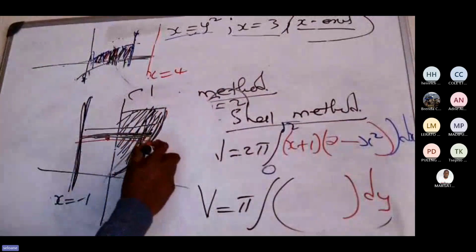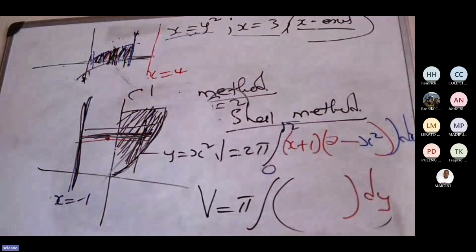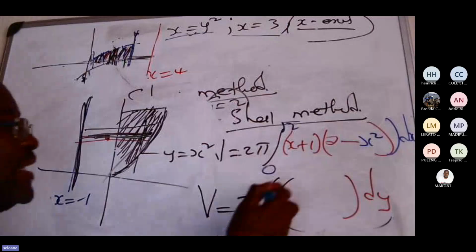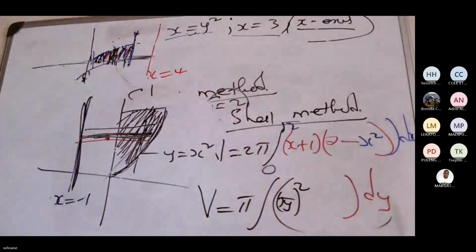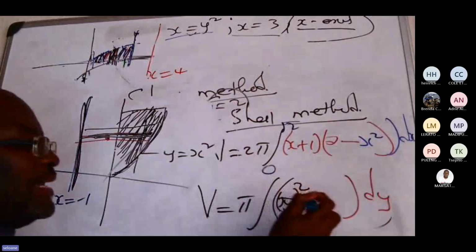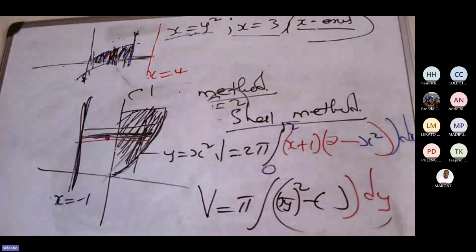Don't forget, this is y equal to x squared. Make x the subject of the formula, it will be the square root of y. Then it will be the square root of y squared minus the inner radius. What is the inner radius?